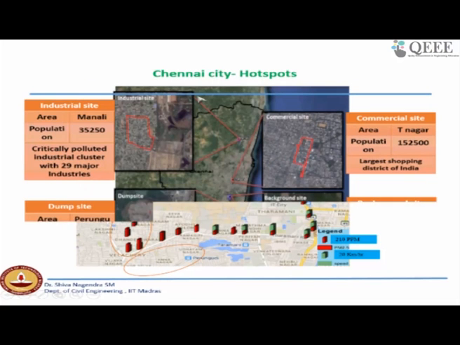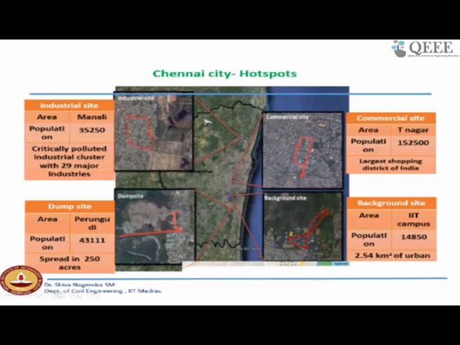Now coming to hotspot air quality measurement, as part of one of the research works sponsored by the Indo-German Centre for Sustainability, we did an assessment of air quality at an industrial area, a commercial site, a dump site and a background site.